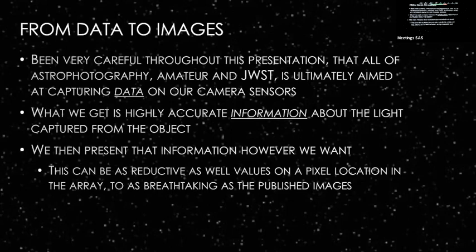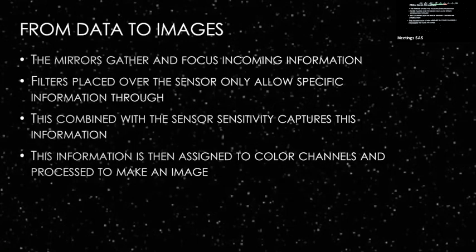So we can use that data and do whatever we want with it. We can present it as just an Excel sheet of numbers, or we can present it as an image. Ultimately here, the mirrors gather and focus the incoming information that's real, that's from the object, from the stars, from the nebula, from whatever it's looking at. Filters placed over the sensor only allow specific information through at a time.